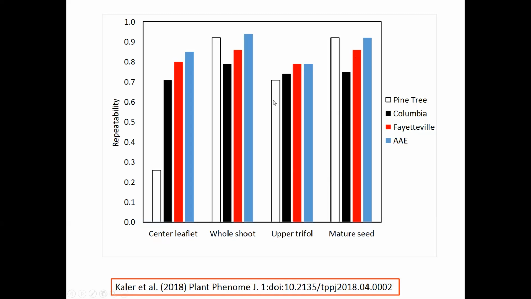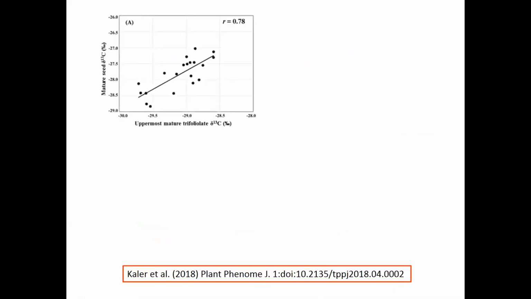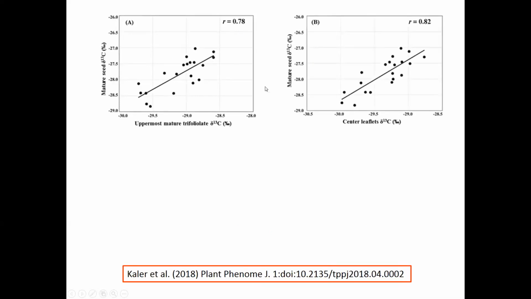And lastly, I just want to look at the relationship between the mature seed C13 ratio and the other tissues. For mature seed versus the upper mature trifoliate, we see a correlation of 0.78. And for mature seed and center leaflets, the correlation is 0.82.